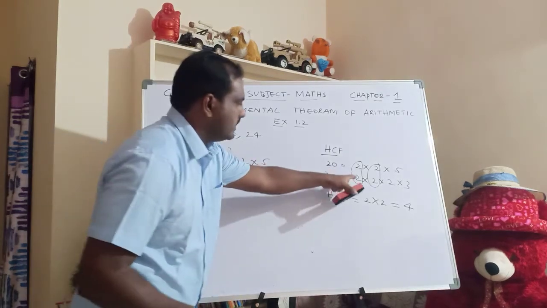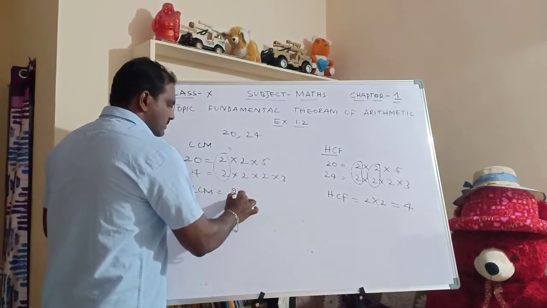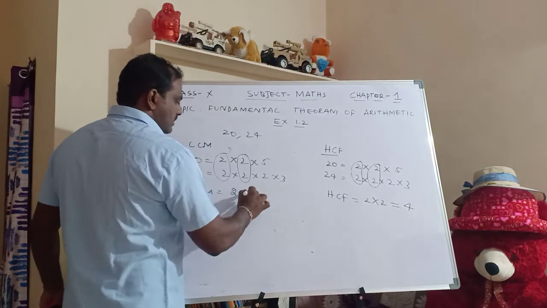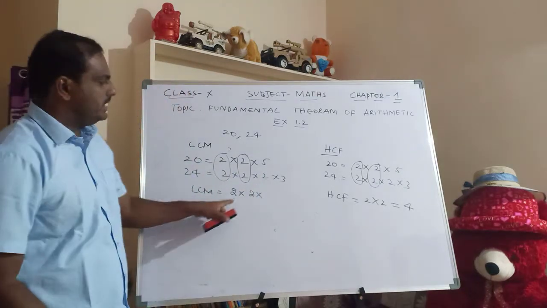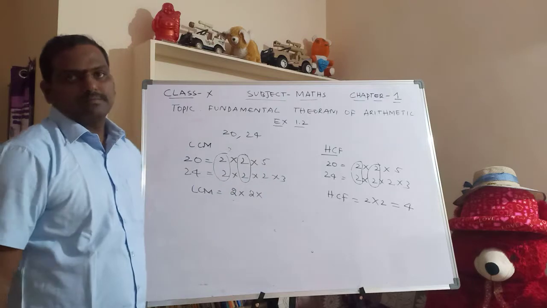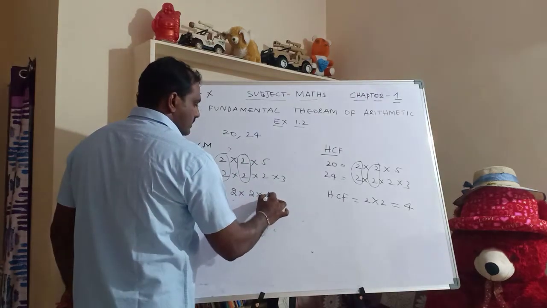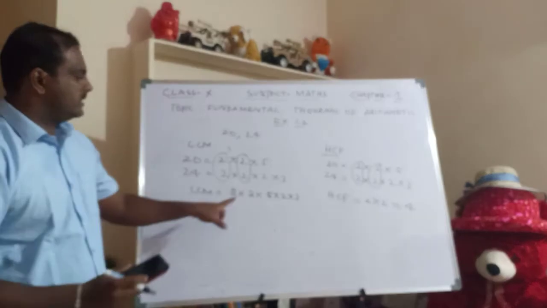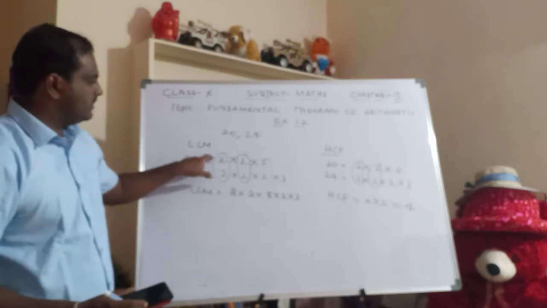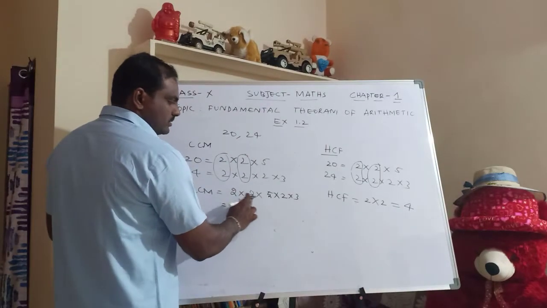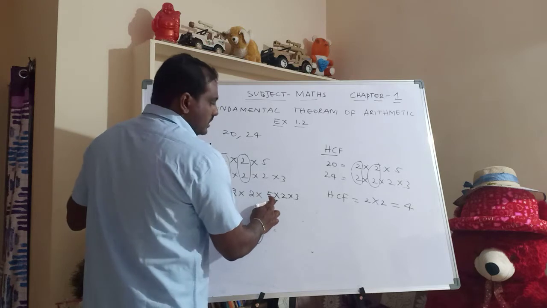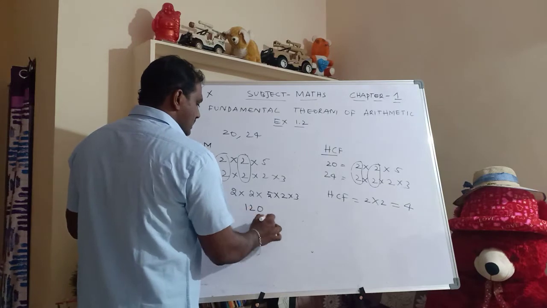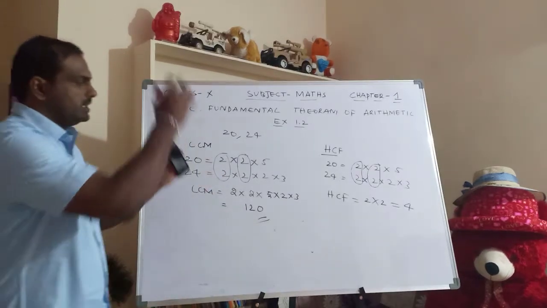First we write the common terms, for every 2 numbers one 2. Next for this one also 2. Then whatever numbers remain, you have to write. What is remaining? 5 and 2 and 3. Now what is the answer? 2 2s are 4, 4 5s are 20, 20 2s are 40, 40 3s are 120. That is the answer. So don't write powers and everything.